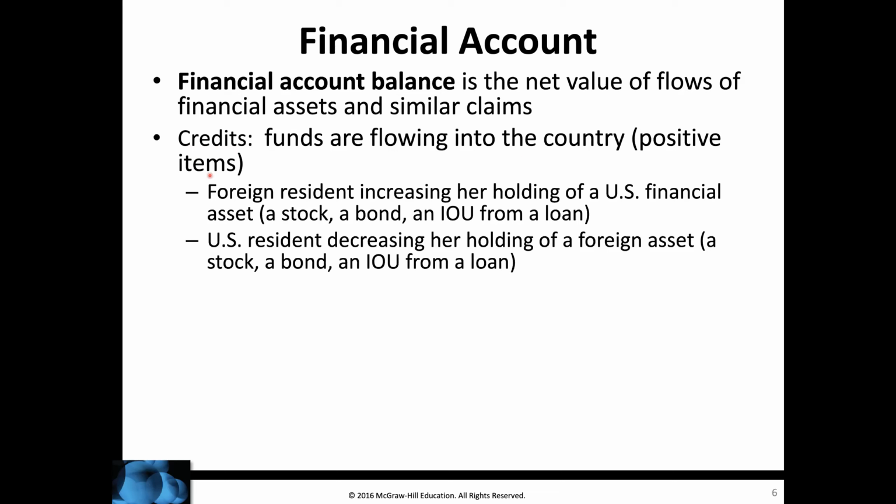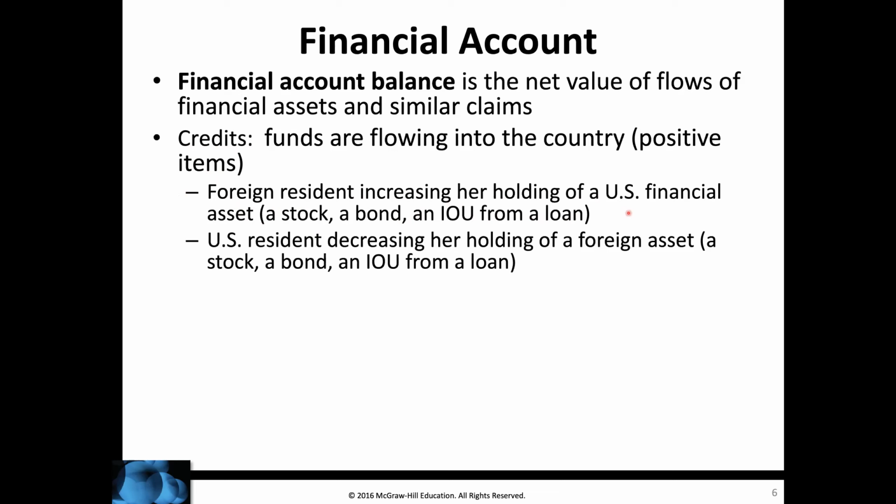These are positive items. So this could be where a foreign resident could increase their holding of a US financial asset. So maybe somebody in England is investing in a US stock, a bond, an IOU from a loan, something like that.